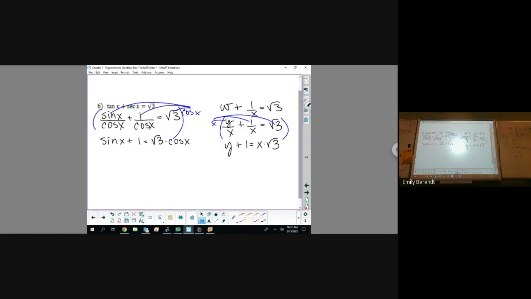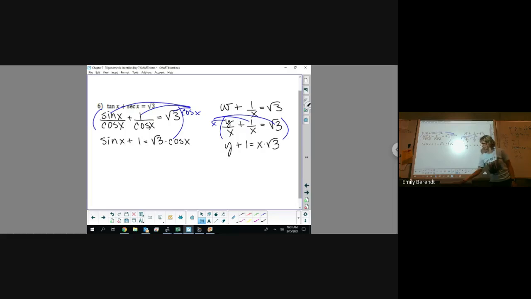Is there any way that we could do something to the trig words that would then allow us to use an identity? Yeah, we're going to square it.